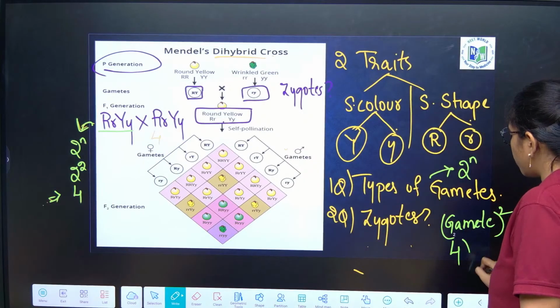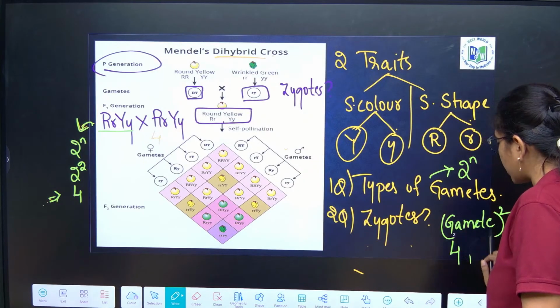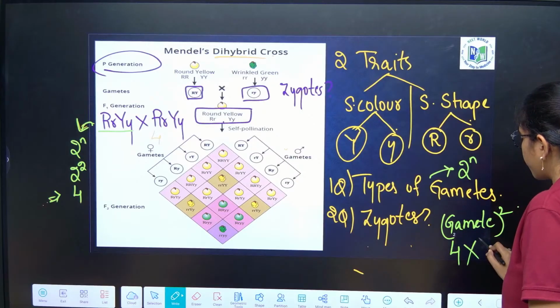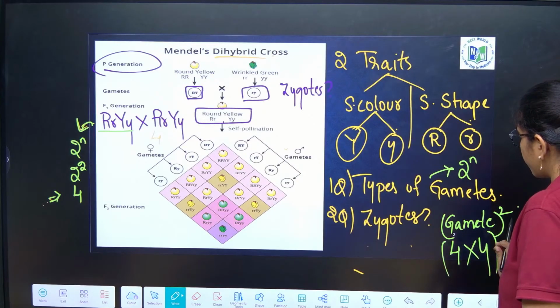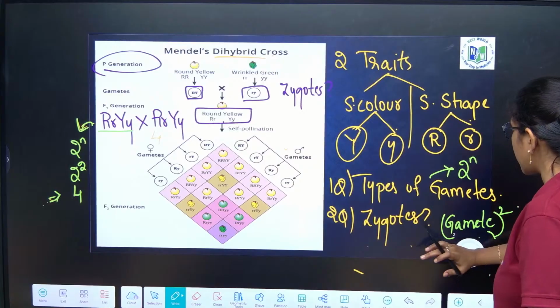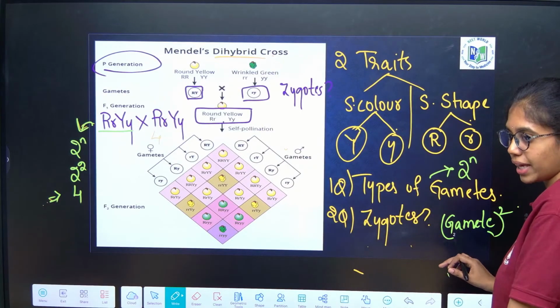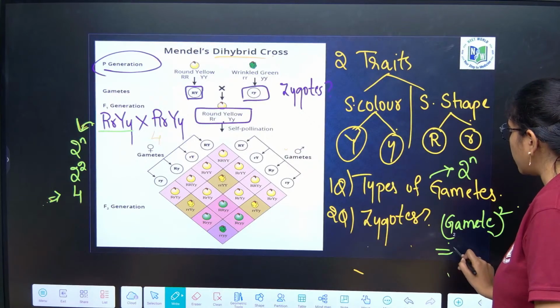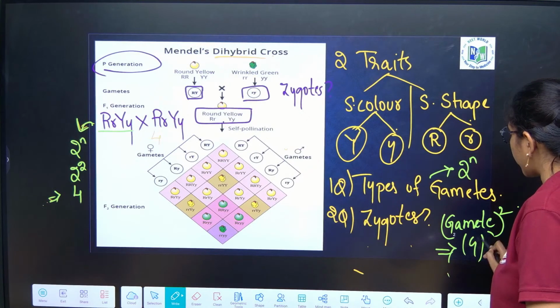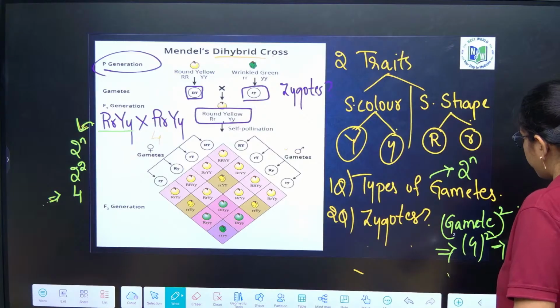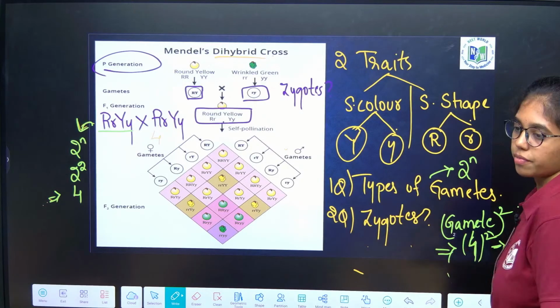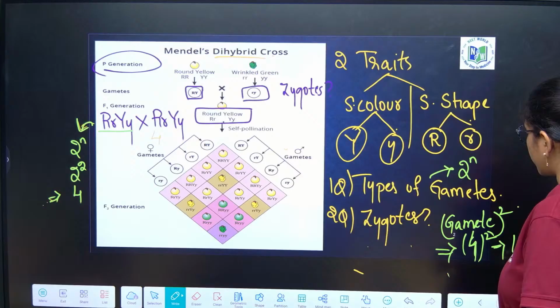So 4 into 4, 4 fours are 16. Gamete square: you are multiplying the number of gametes. So 4 square is 16.